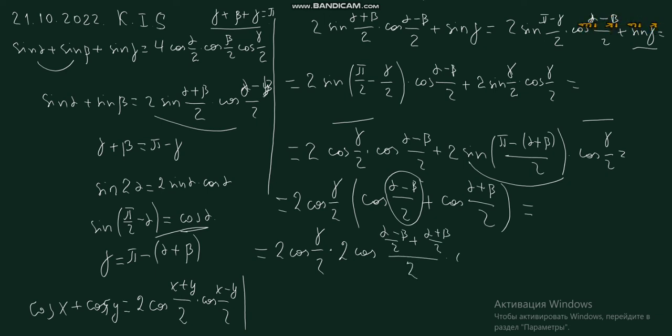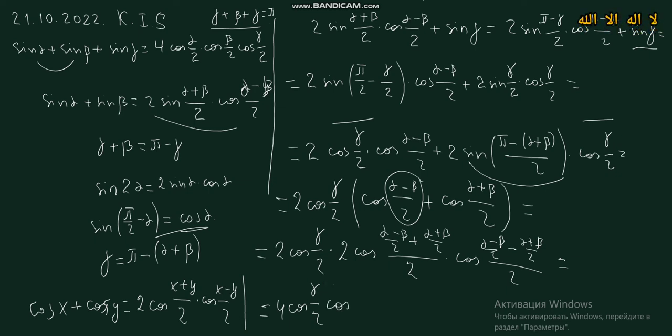Also we have cosine of alpha minus beta over 2 minus alpha plus beta over 2, divided by 2. So we have 4 cosine of gamma over 2.